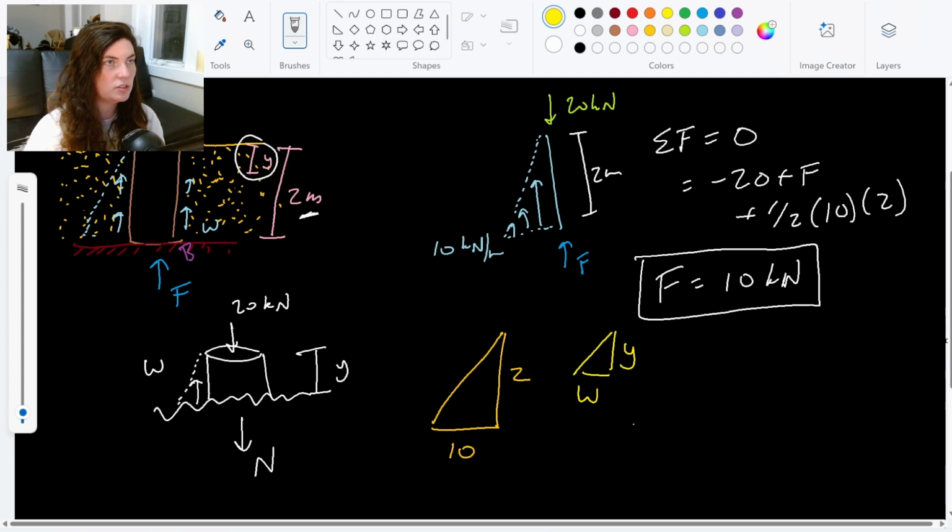So I need to solve this so that I can have a W term. Using a ratio, W over Y would be the same as 10 over 2. So this means that my load as a function would be 5y.